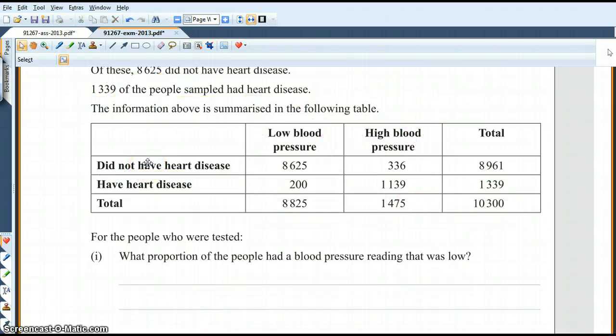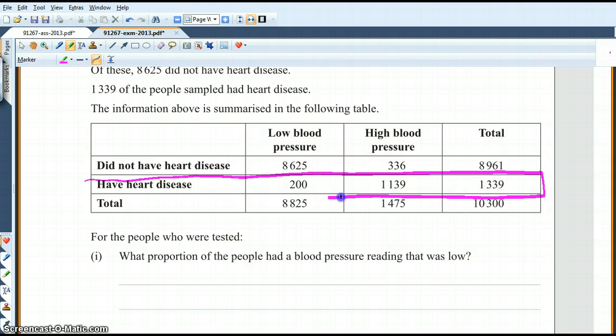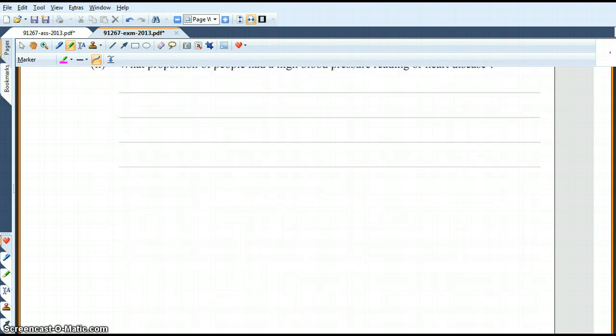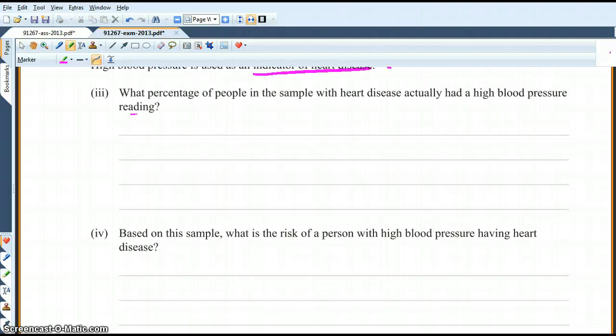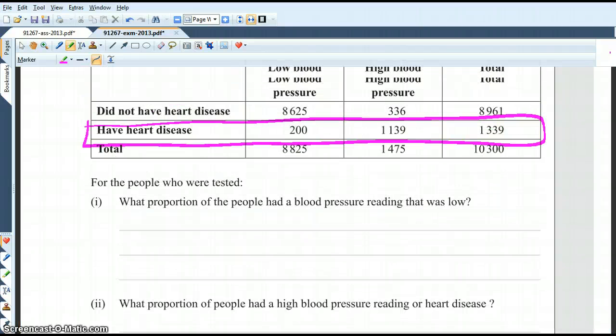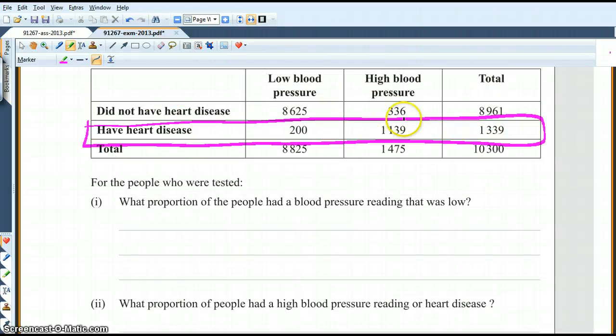Okay, so we are actually only looking at the people with heart disease. And we're looking at, hang on, better read the question again. What percentage of people in the sample with heart disease had high blood pressure? So with heart disease, had high blood pressure.